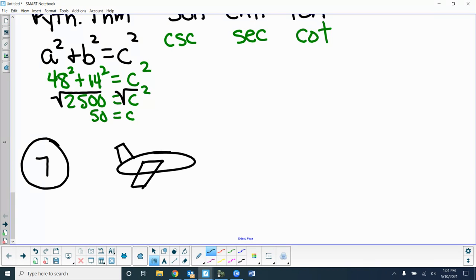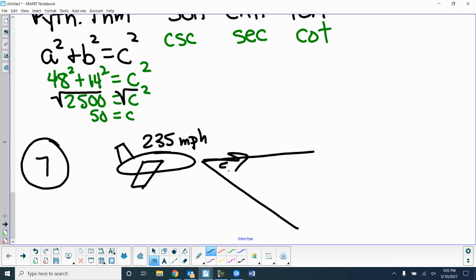Beautiful plane, right? It's going 235 miles per hour. So we're going this way, but it starts to descend. So the angle of descent of 5 degrees goes right there. You guys understand that? So it's like an upside down right triangle.